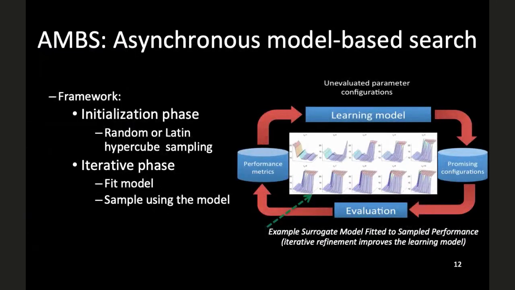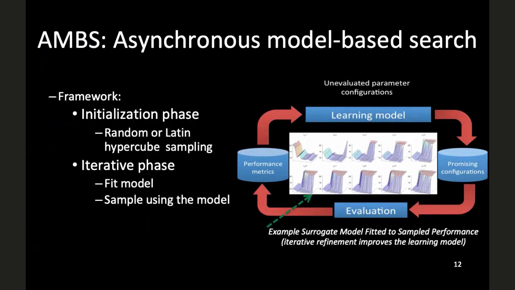The asynchronous model-based search algorithm that we developed for hyperparameter search works as follows. This is the high-level idea. There is an initialization phase where the algorithm samples, let's say, 100 different hyperparameter configurations. You have to define the space, and it samples 100 configurations. It evaluates all of them simultaneously on different nodes, and then gets the results back.